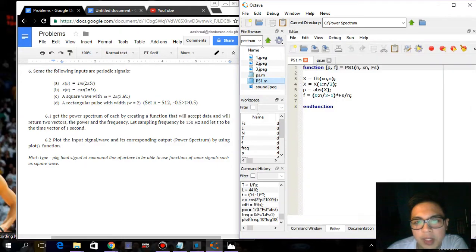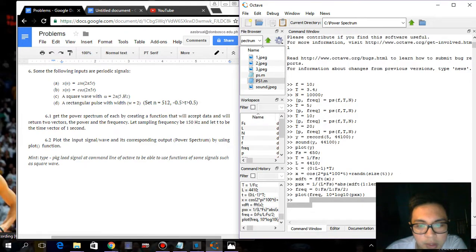So I have created one. Basically, this was just similar to the first one. The input arguments have varied only such that I'm taking the sampling frequency in the input function.